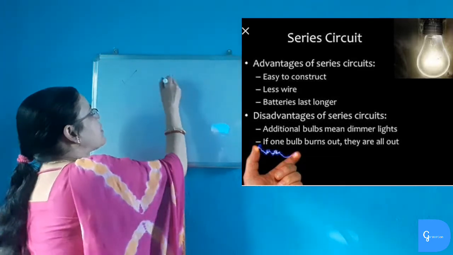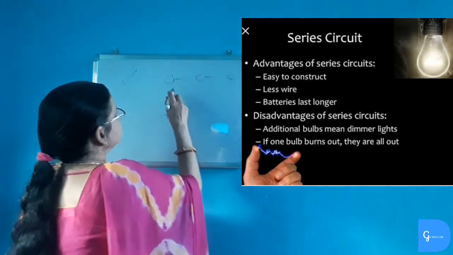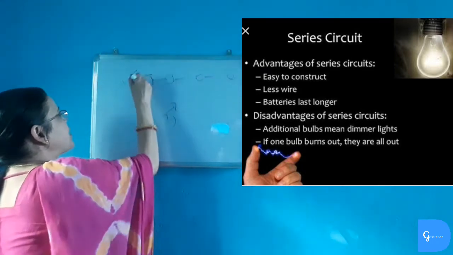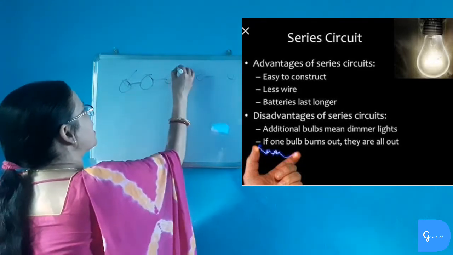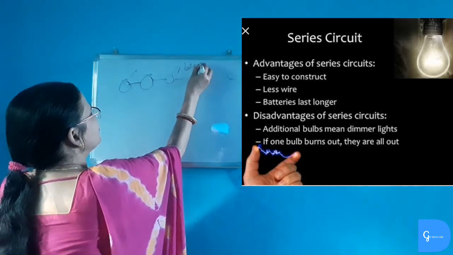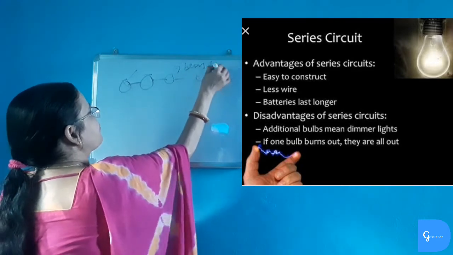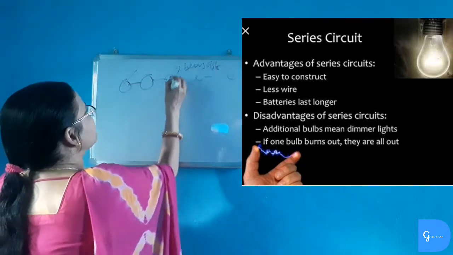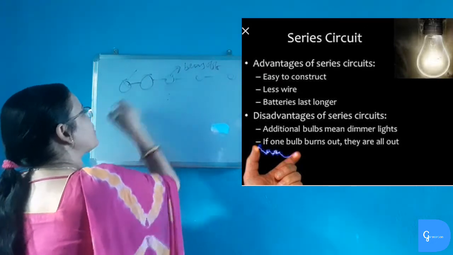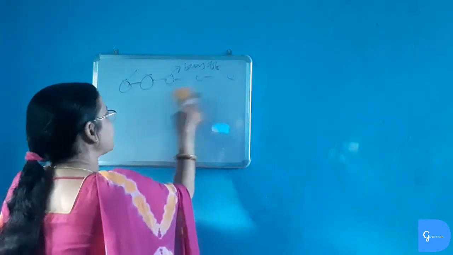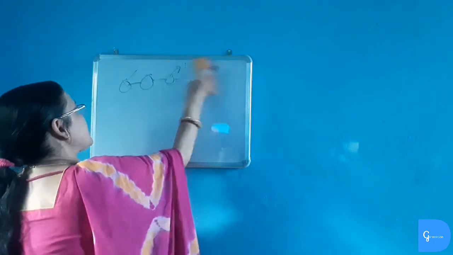But the disadvantage of these decorating bulbs connected in series is that if any one bulb blows off or gets fused, then it takes a long time for the electrician to detect, restore and replace the fused bulb. So this is a disadvantage of series connection.